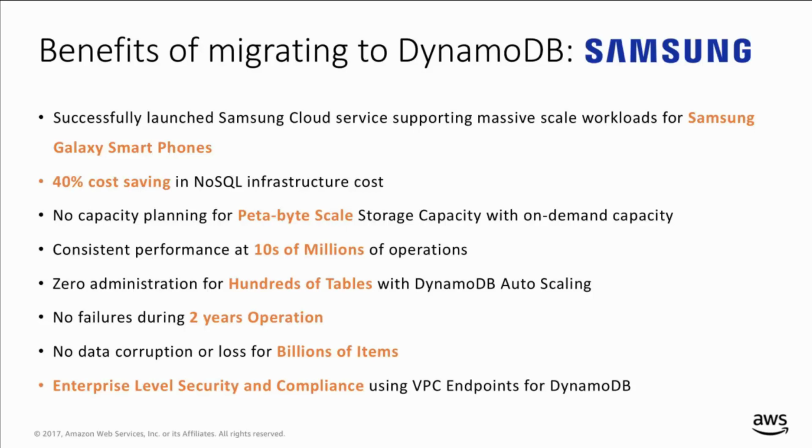And there's not much capacity planning that they need to do for this petabyte scale storage with on-demand capacity. They're also seeing consistent performance at tens of millions of operations and zero administration for hundreds of tables. They haven't seen any failures during 2 years of operation, no data corruption or loss for billions of items.